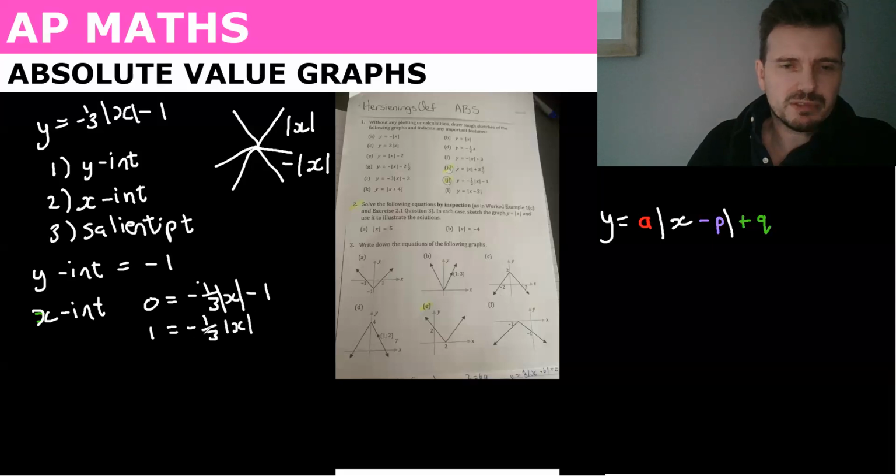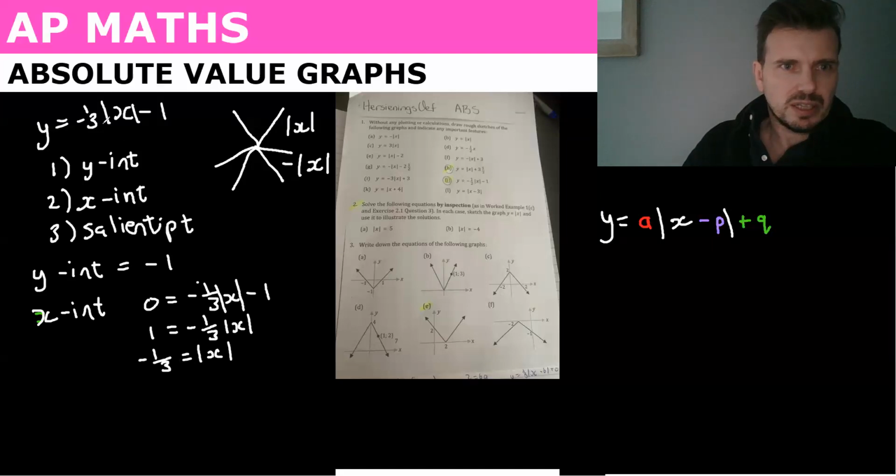If we divide this through by -1/3, we get an absolute value equal to a negative, and an absolute value can never be negative. So it's never going to intercept. You don't have an x-intercept.